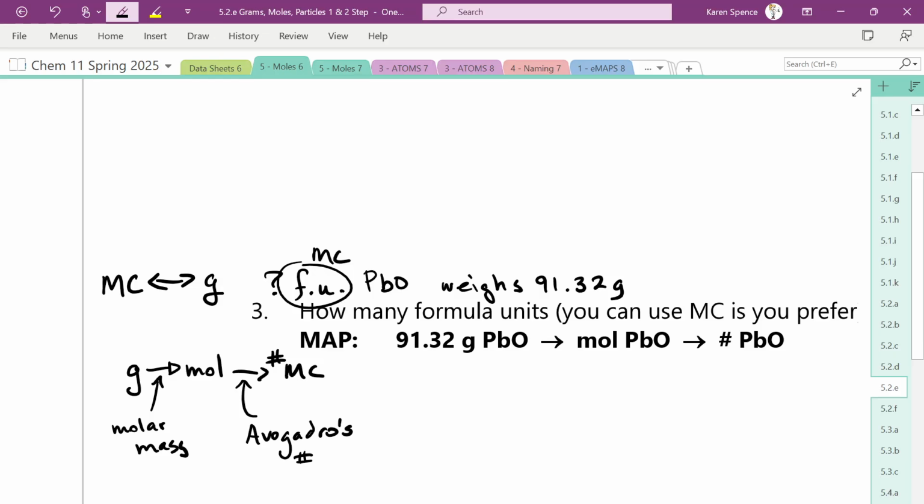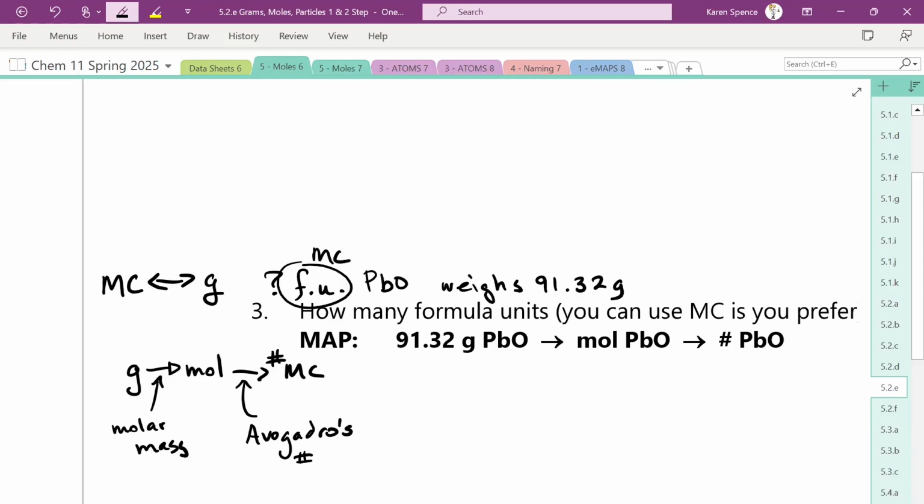Okay, so what was on the bottom? Grams. And now you have moles. So you're going to put the times, because there's another step here, right?